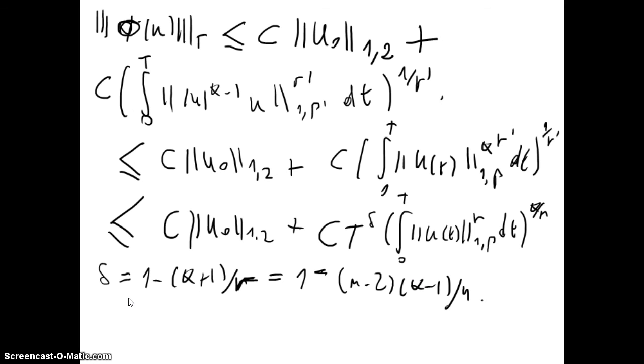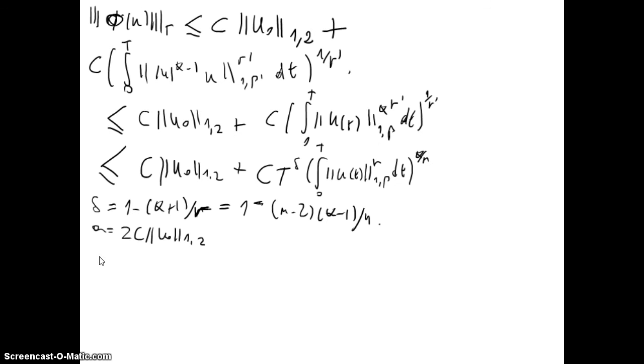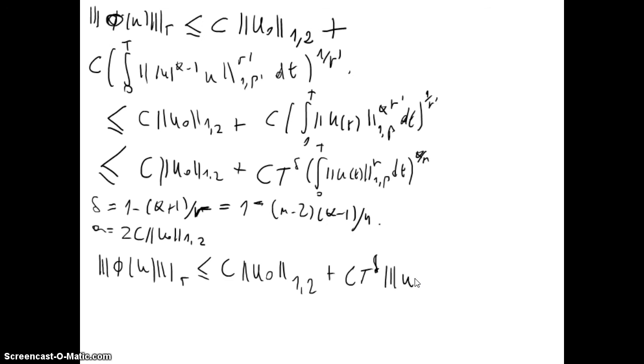So if we take a equal to 2c times the norm of u naught in H1, we will get that the norm of phi of u is less than or equal to c u naught in H1 plus c t^delta times the norm of u to the alpha.